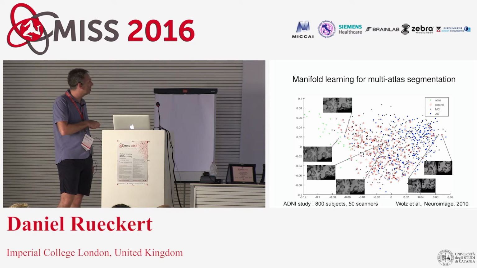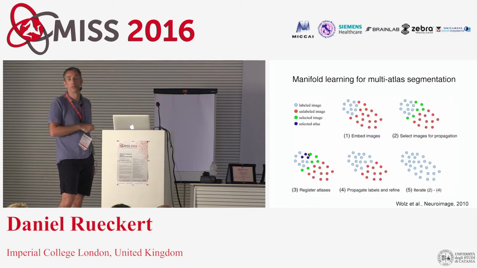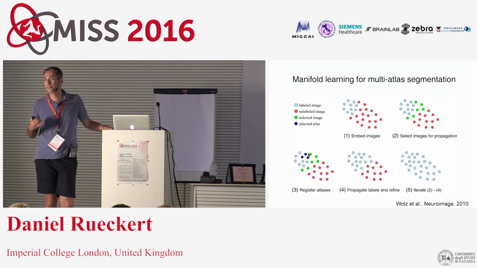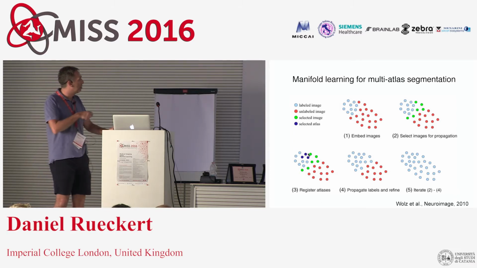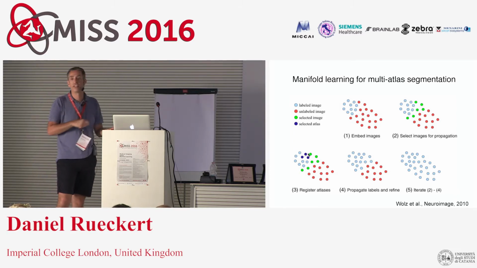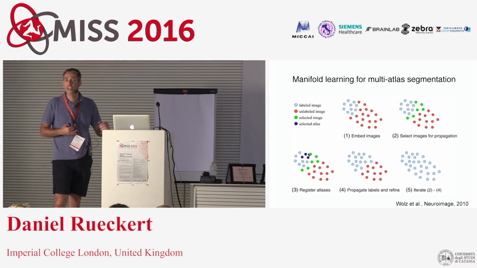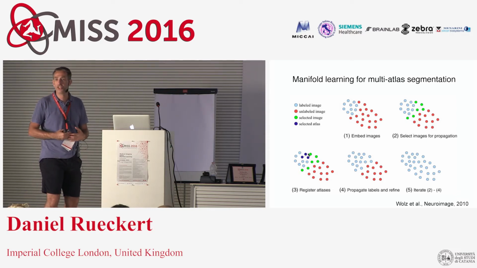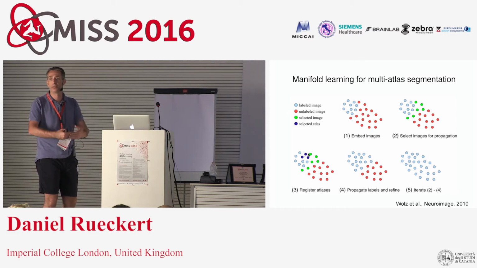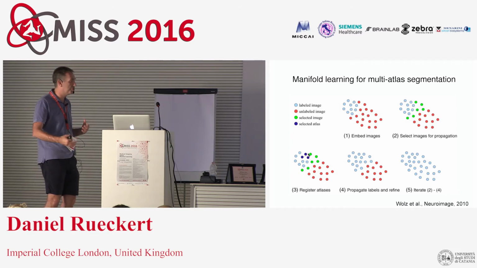And of course, after I've segmented them, I have a larger population of images. I'm going to iterate this process until I've segmented every image in the population. So what I'm really doing is propagating the information through the manifold step by step, rather than trying to propagate the information in one go to every subject.